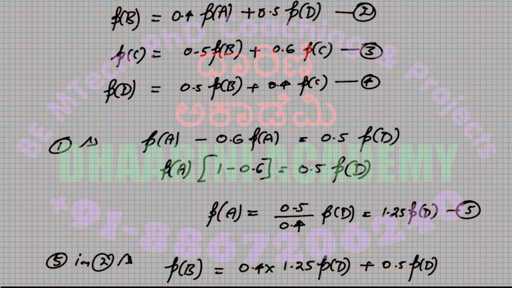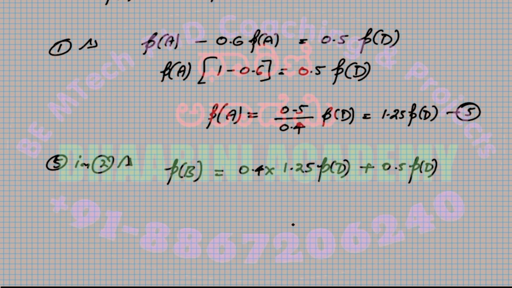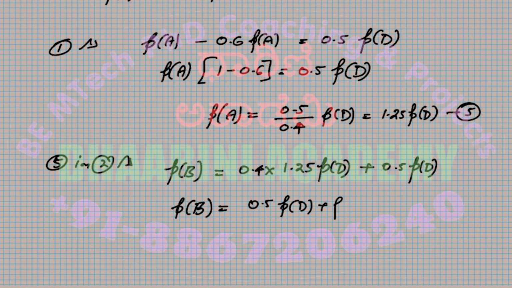Okay, so once that is done, now we can try to relate the P of B and the P of A. So let's try to do that. So P of B is equal to, 0.4 into 1.25 is 0.5. So 0.5 P of D plus one more 0.5 only, right?